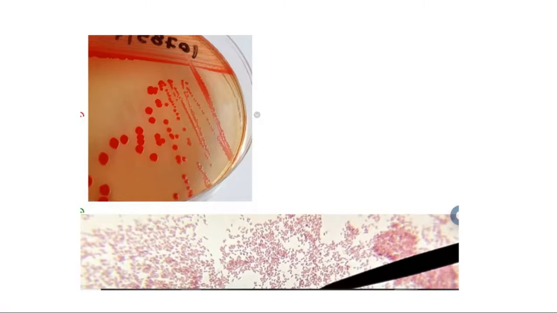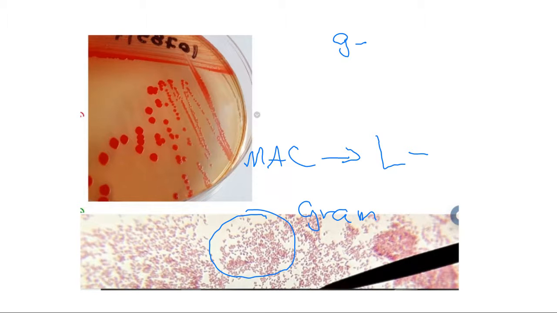So for example, for my gram negative, I read my MAC and I read my gram. I was able to get out of my MAC that my organism was not fermenting lactose. It was lactose negative because it didn't produce that fuchsia color. And I was able to see the arrangement of my cells in that gram stain, for example.